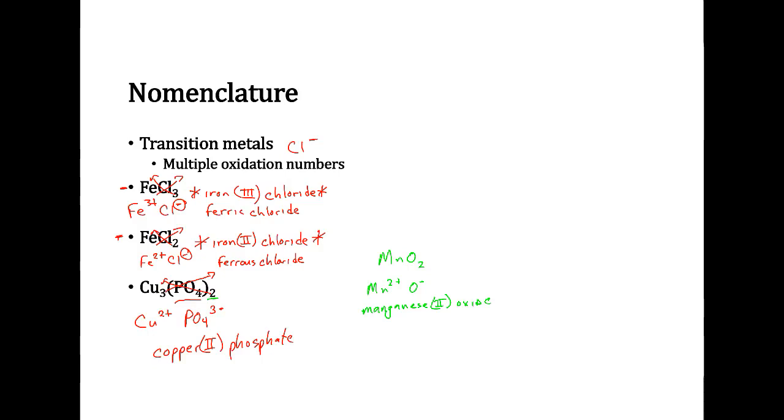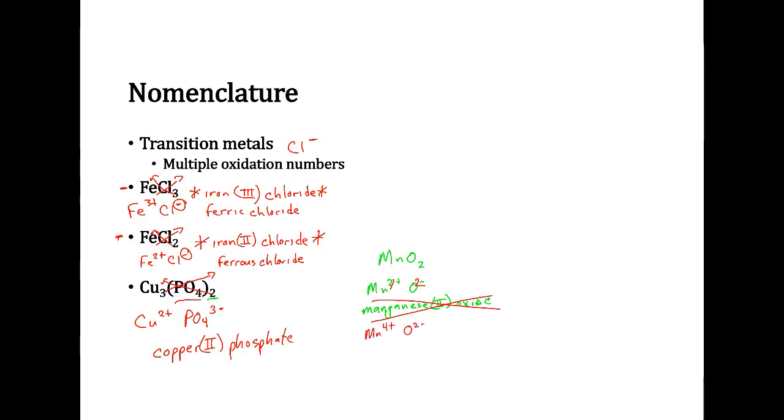Okay, but wait. This is incorrect because oxide has to have a 2- charge, and this only has a -1 charge. So what we need to do is multiply everything by 2 so we can have a 2- charge. So we have O2- and then this 2+ would turn into a 4+. So we'd end up with Mn4+, O2-.